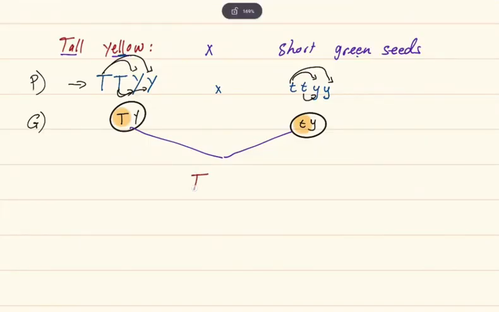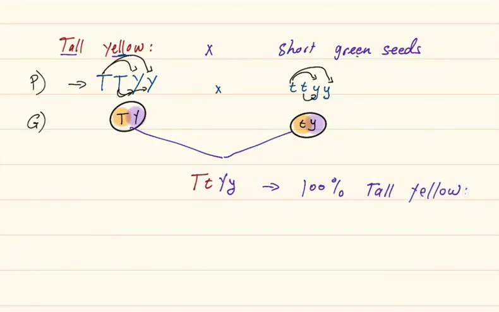It will give me T capital, T small, then Y capital, Y small, and this is going to be 100% tall and yellow, heterozygous. Now this is F1.